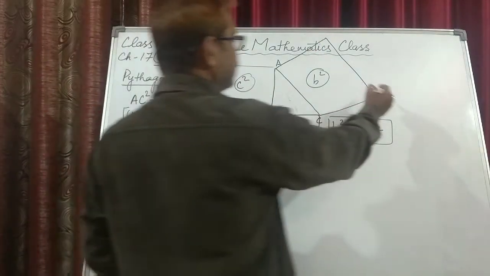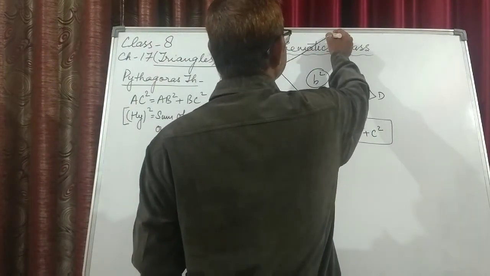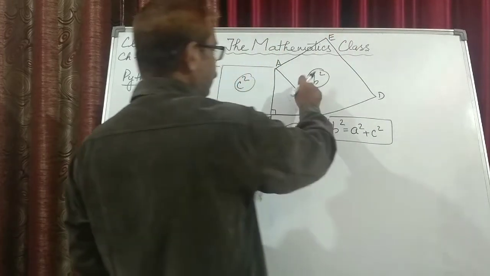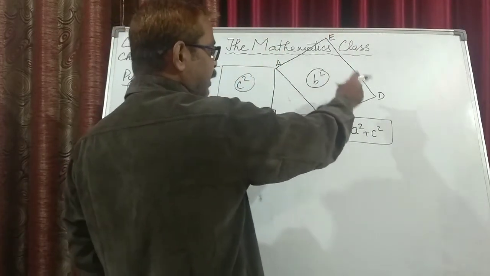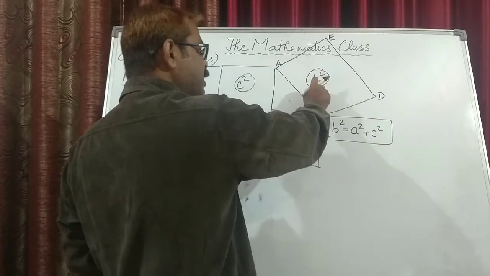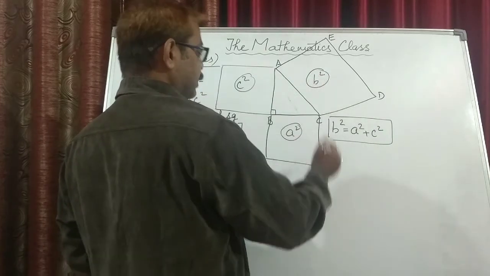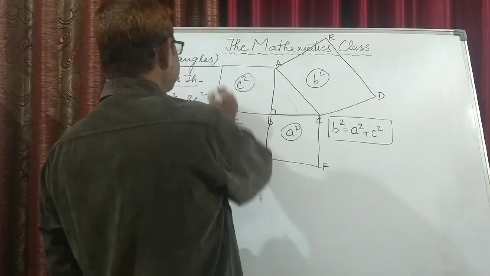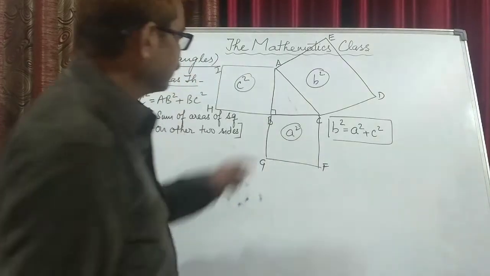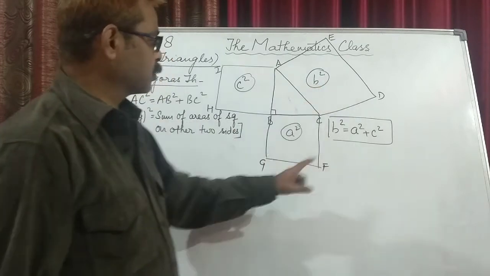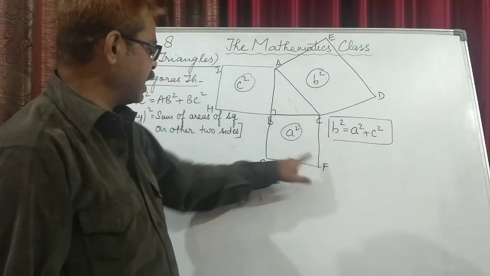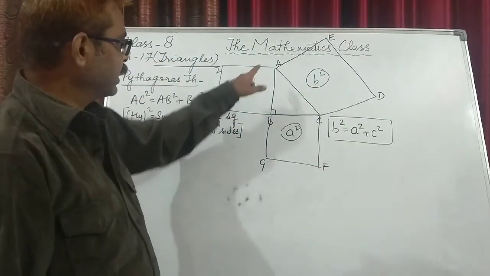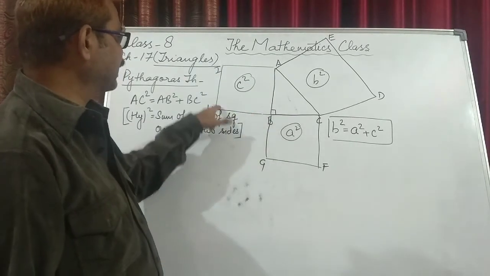Let's say ACDE. ACDE is the square made on the hypotenuse, and its value I have taken as small b square, EFGHI. And this b square will be equal to the area of BCFG plus the area of ABHI.